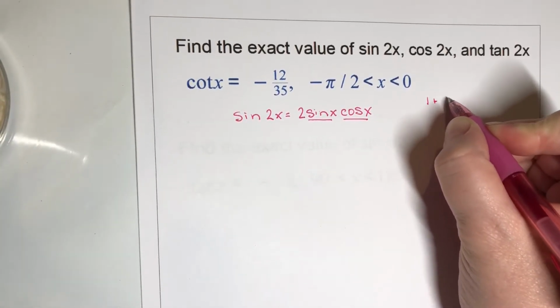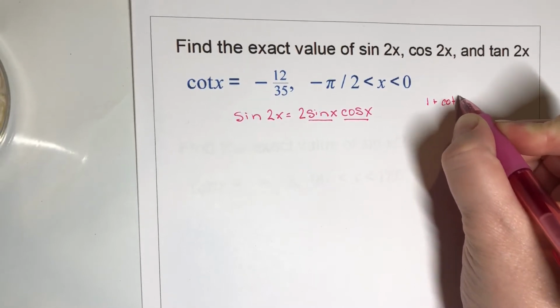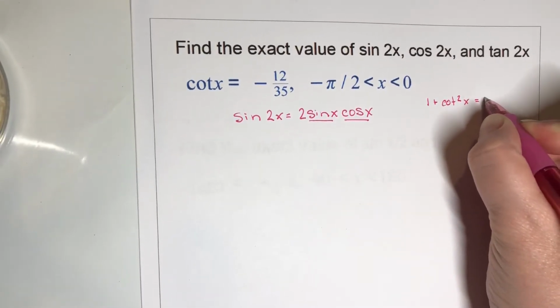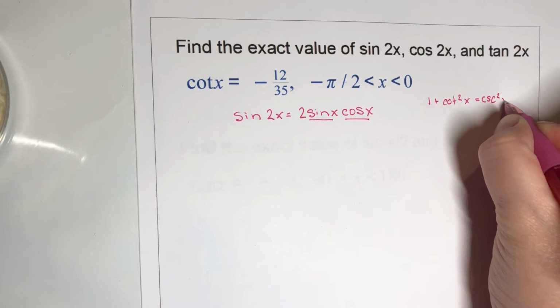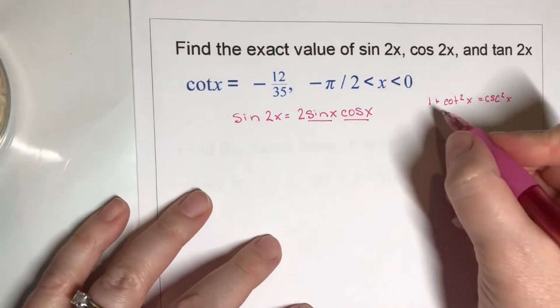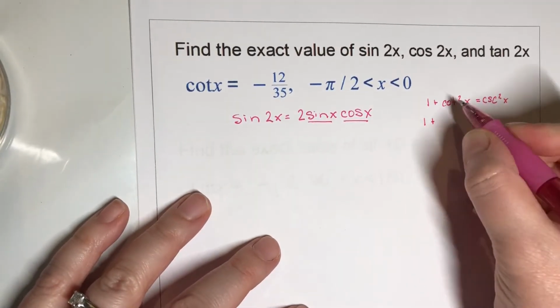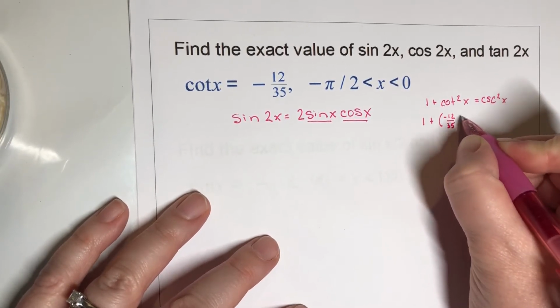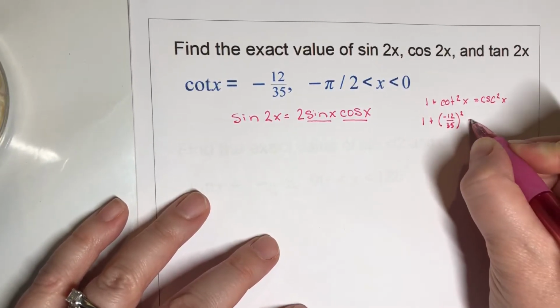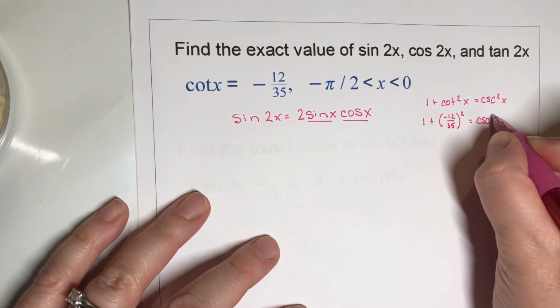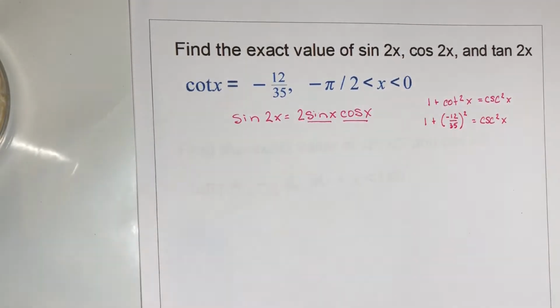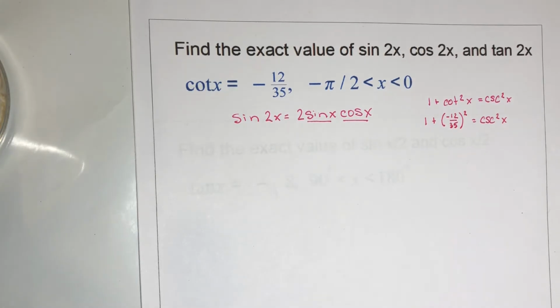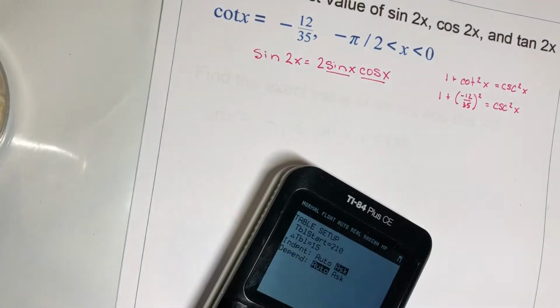So 1 plus cotangent squared of x equals cosecant squared of x. So 1 plus negative 12 over 35 squared equals cosecant squared of x. And then I can use the calculator to determine what those are, and we want to keep things as exact as possible.